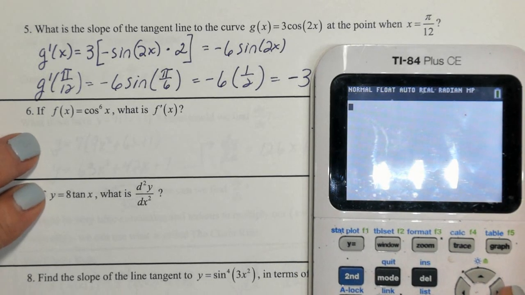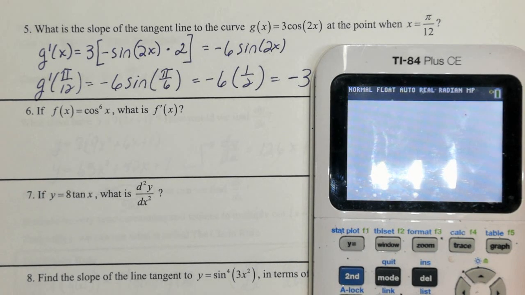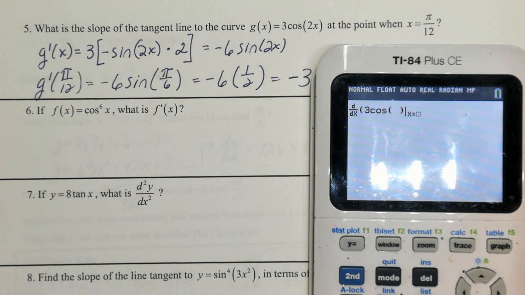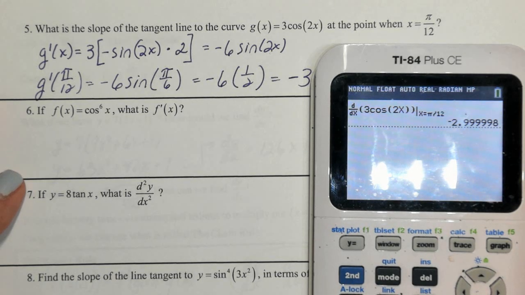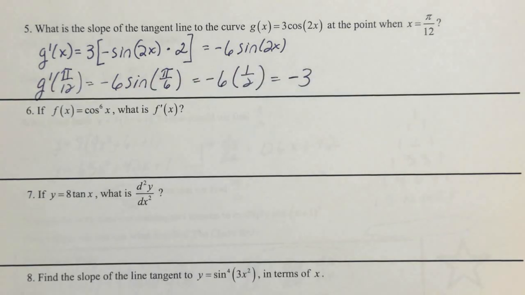Okay? So we're taking the derivative of 3 cosine of 2x, oops, at pi over 12. I'm hoping we get -3. And we did. We got that numeric approximation of -3. Correct to 3 decimal places.